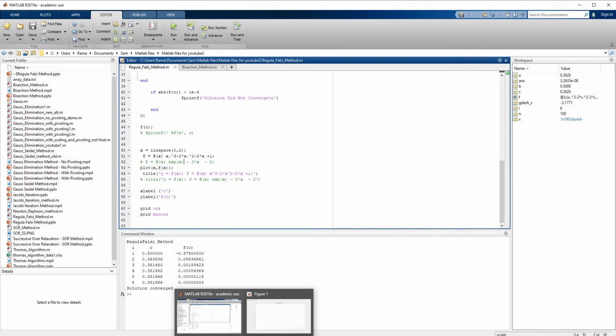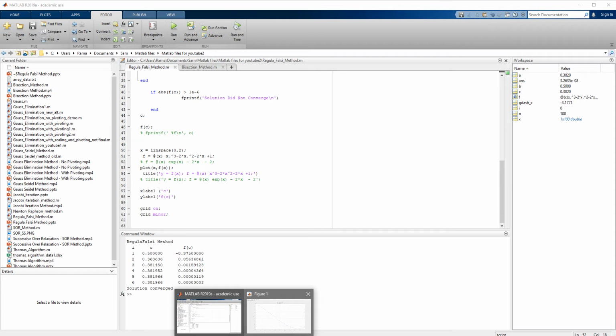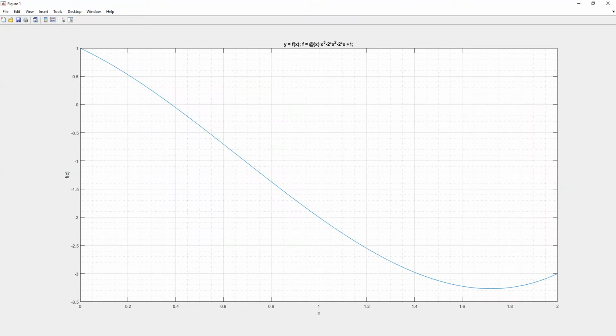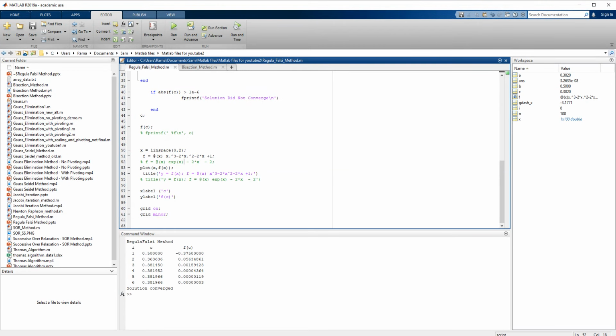The root is 0.381966, and at that value our f of x is very close to 0. We can look at this graphically, and the root is 0.38384. So the procedure we used, the Regula Falsi method, gives more accurate value than what we saw graphically.